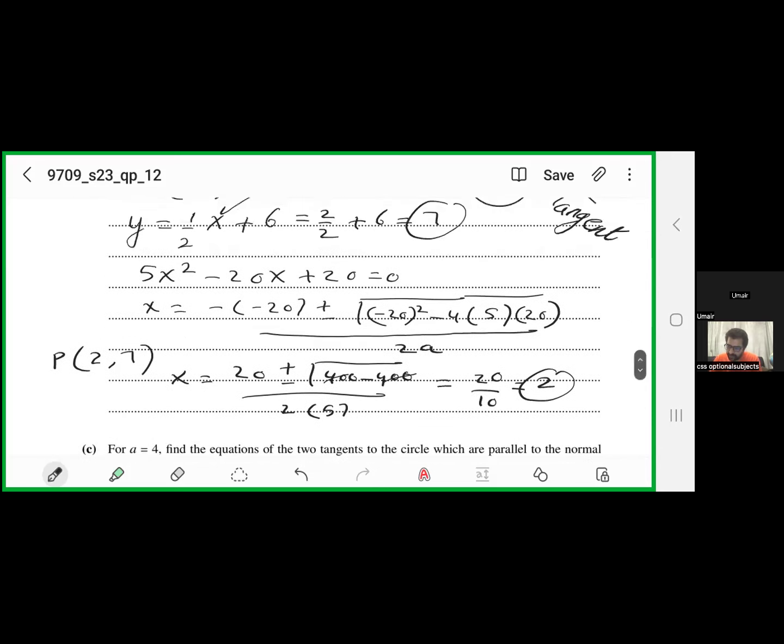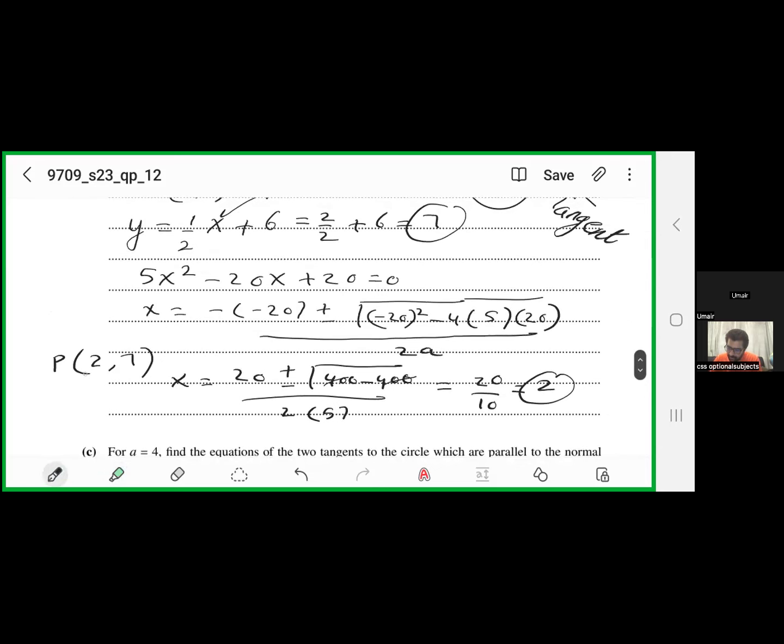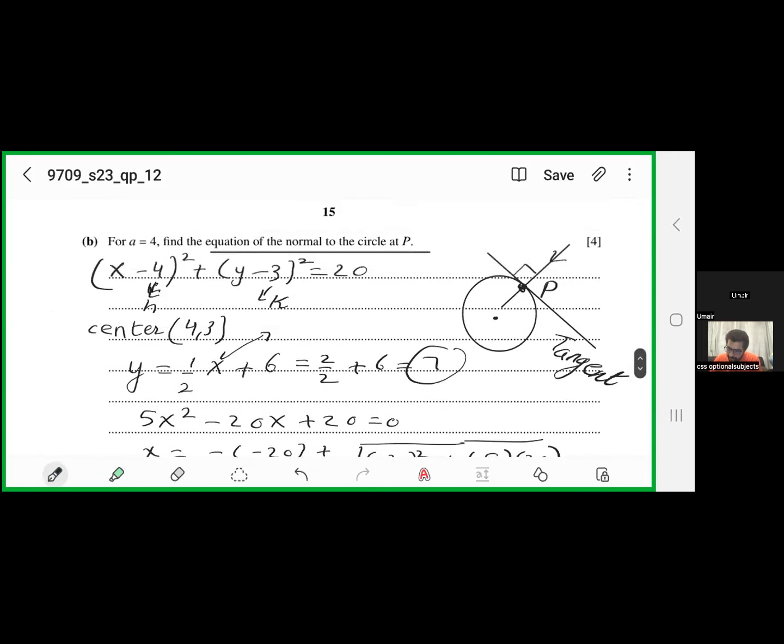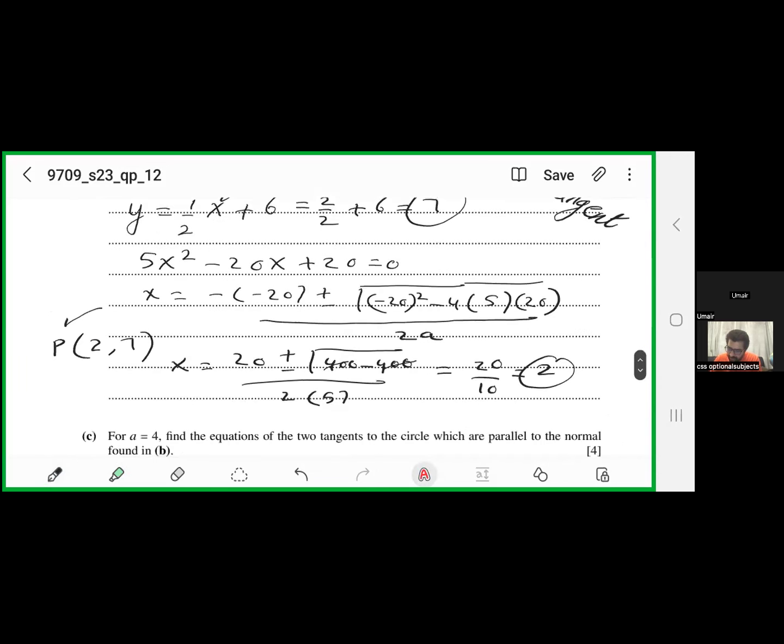So we got the coordinates of the point P, and we got the coordinates of the center of the circle. Now, after getting the coordinates, we have to find the gradient of the normal from the gradient of the tangent.